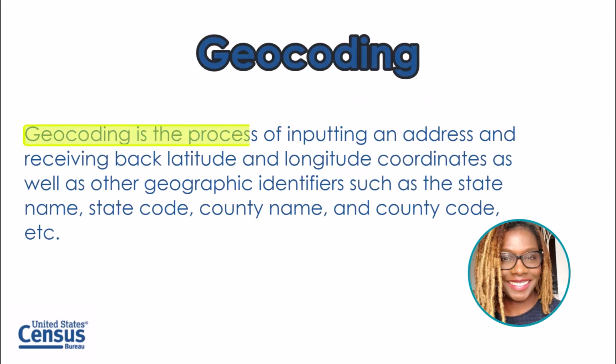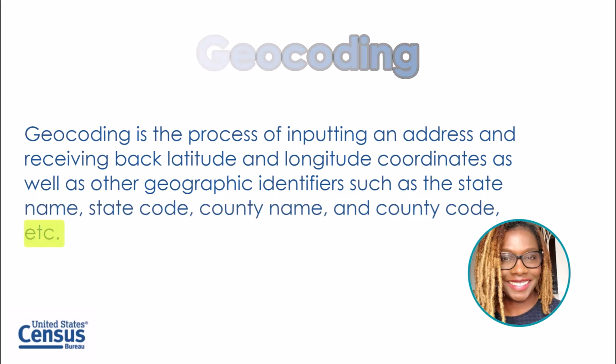Geocoding is the process of inputting an address and receiving back latitude and longitude coordinates, as well as other geographic identifiers such as the state name, state code, county name, and county code, etc.